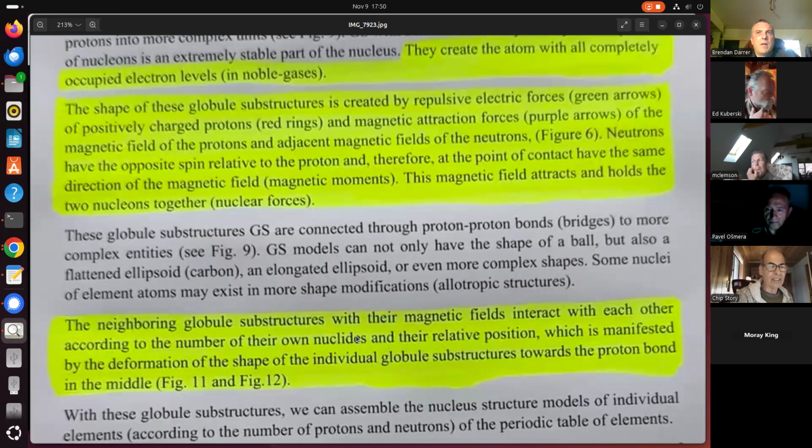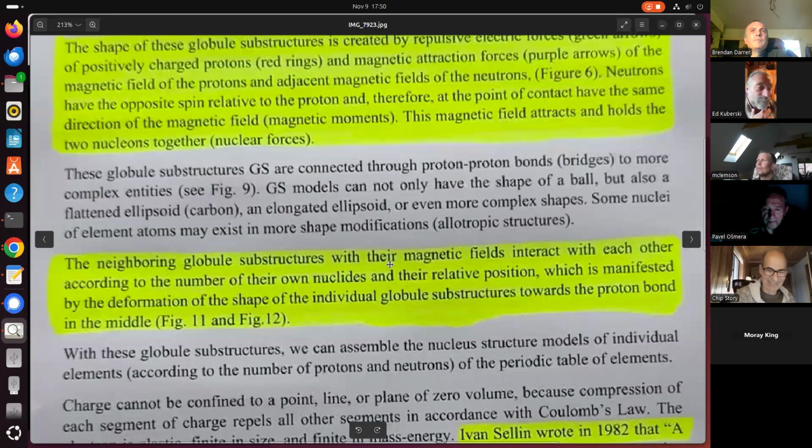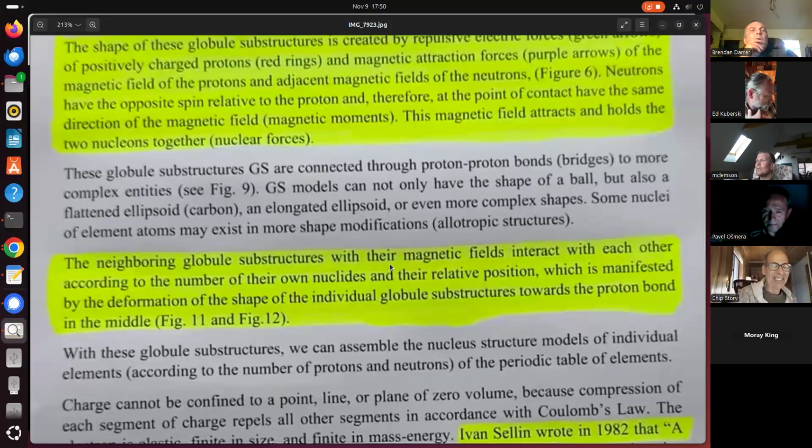Figure 6, neutrons have the opposite spin relative to the proton, and therefore, at the point of contact, have the same direction of the magnetic field, magnetic moments. Interesting. This magnetic field attracts and holds the two nucleons together, nuclear force. These globular substructures are connected through proton-proton bonds, as in a bridge, to more complex entities.